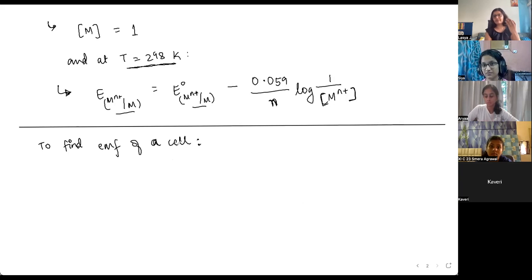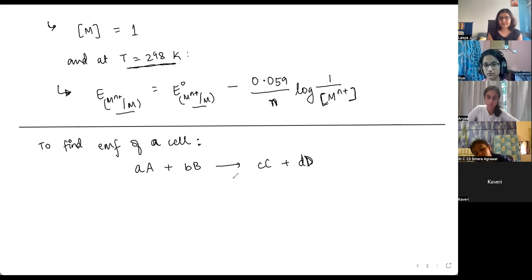For a cell, you have both sides of the equation, right? You have a reduction half and an oxidation half. It should be the full reaction. So suppose our equation is A plus B gives C plus D. Don't worry too much about the specifics; one of them is getting oxidized, one of them is getting reduced.